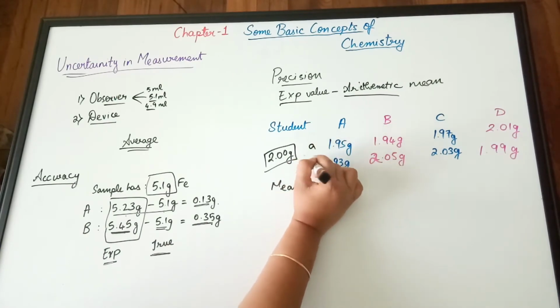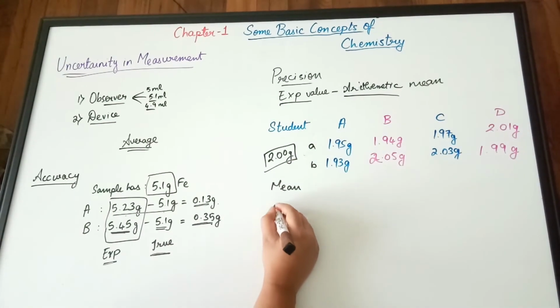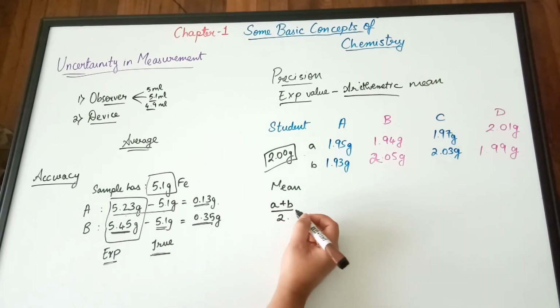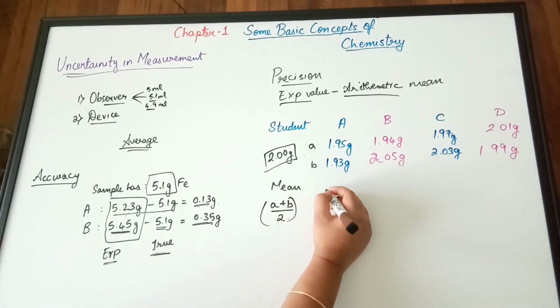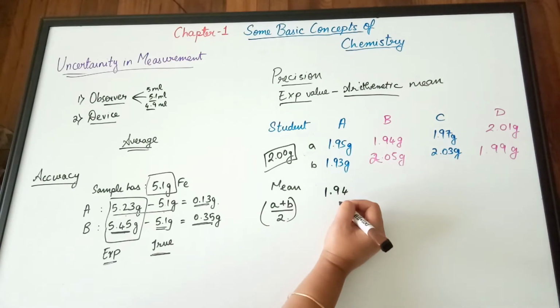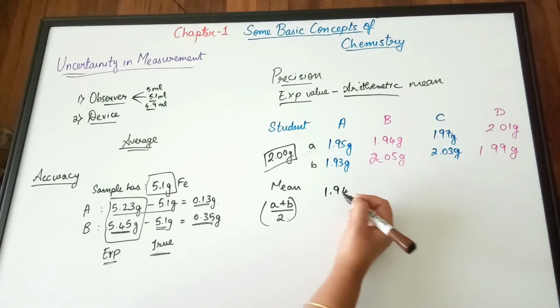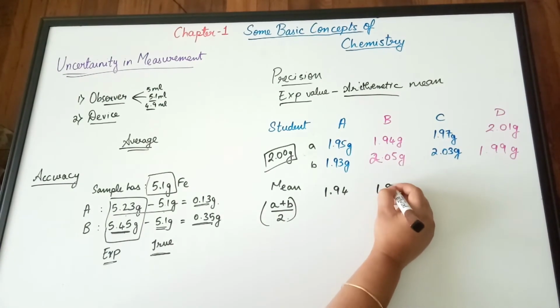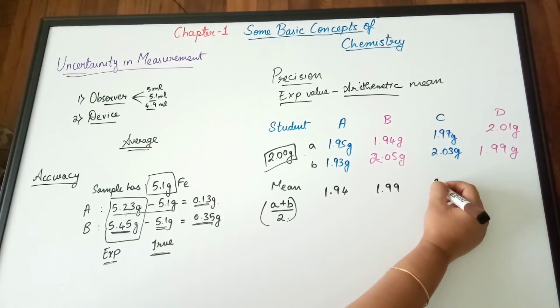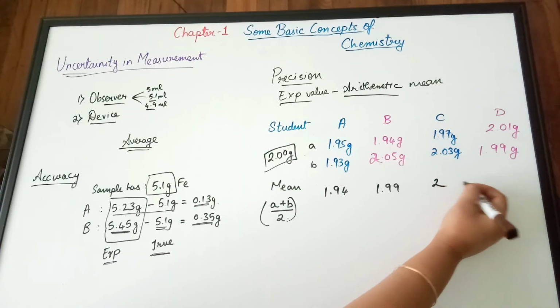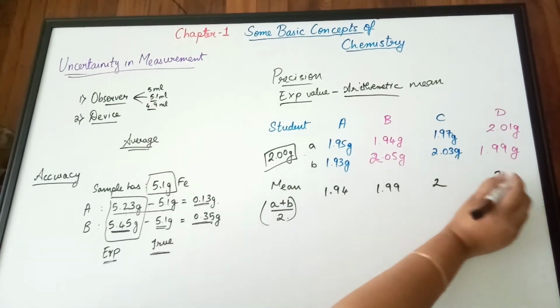Let's say this is A and this is B. The mean would be A plus B divided by 2 because it's an average. Here the mean for the first set is 1.94, the next set is 1.99, the third set is 2, and the fourth set is also 2.